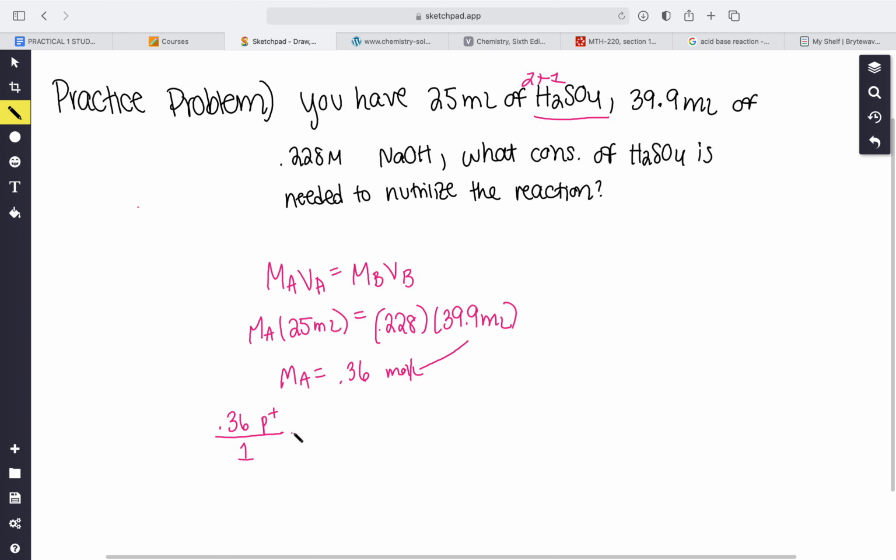So I'm going to do protons, and then we have 1 H2SO4, and for each H2SO4 we get 2 protons. And then I'm just going to do the math there, and we get about 0.18 moles of H2SO4. And then that would be your answer.